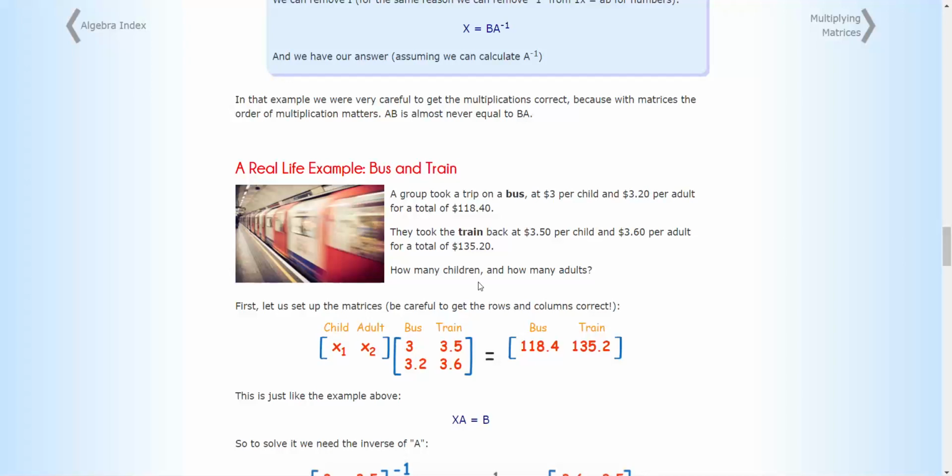Take a bus, $3 per child, $3.20 per adult. So for the bus we've got two values, and we get the total. So the train, X and Y.